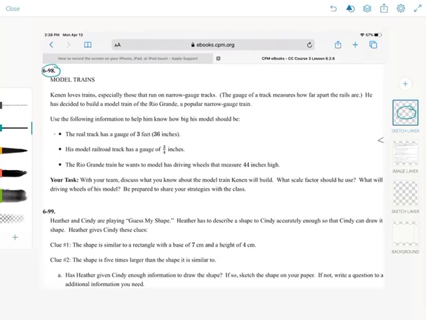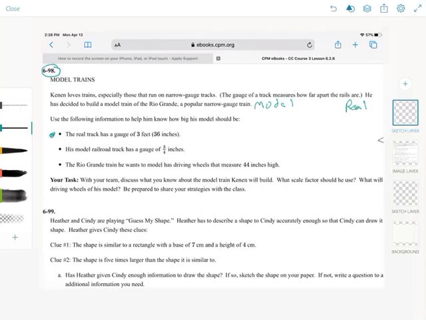The real track has a gauge, meaning that's how far apart the rails are, of 36 inches. So I'm going to set up some information here. We have the model, and then we have the real train.